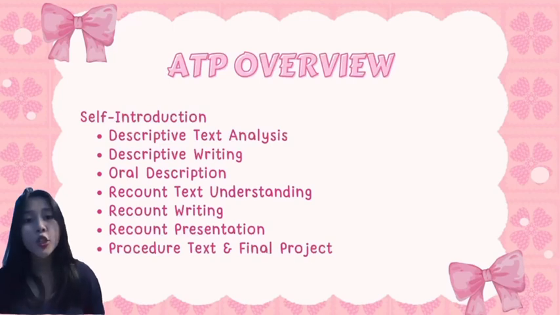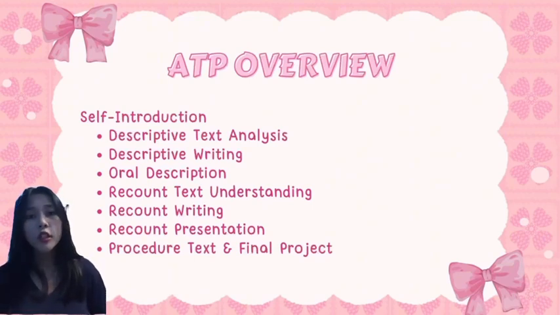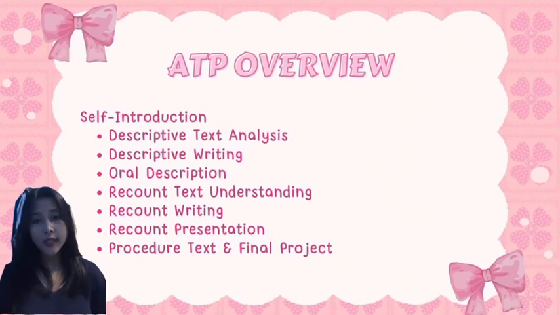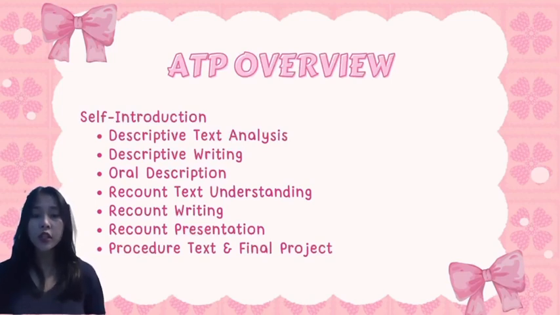After that, students study recount text, including understanding, writing, and presenting personal experiences. Finally, students learn procedure text and complete a final project that integrates the skills they have learned. These sequences help students learn gradually and ensure that each topic supports the next stage of learning.